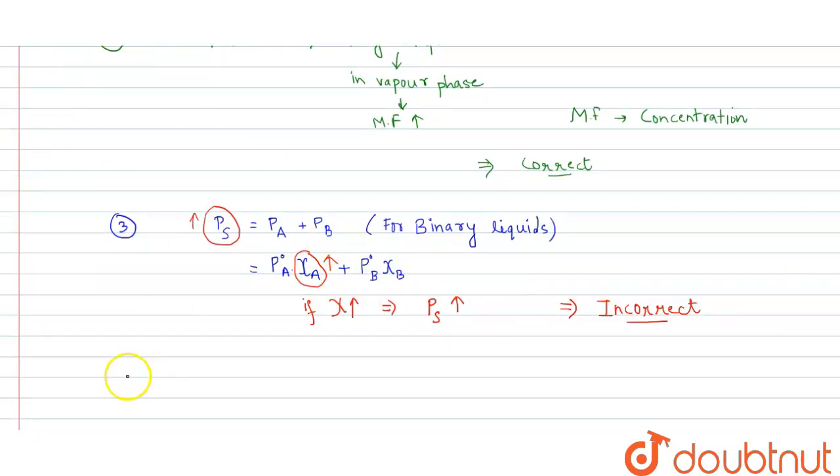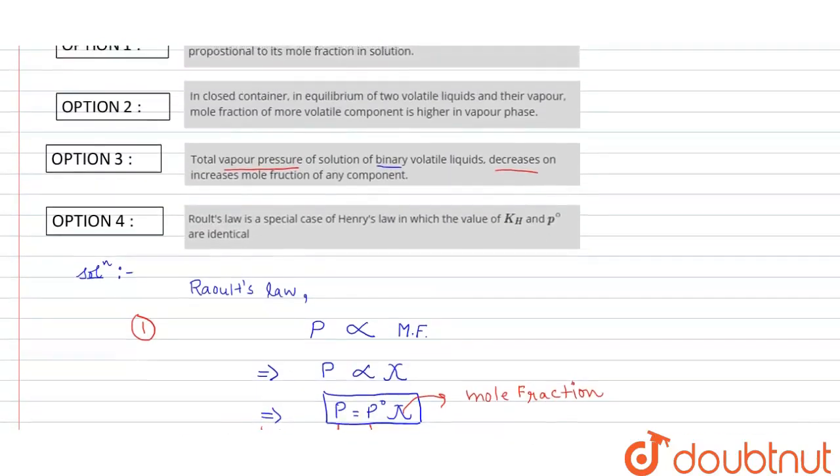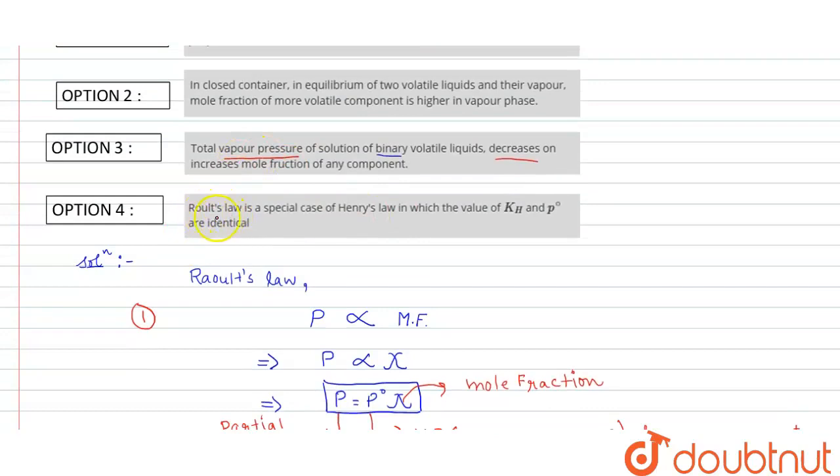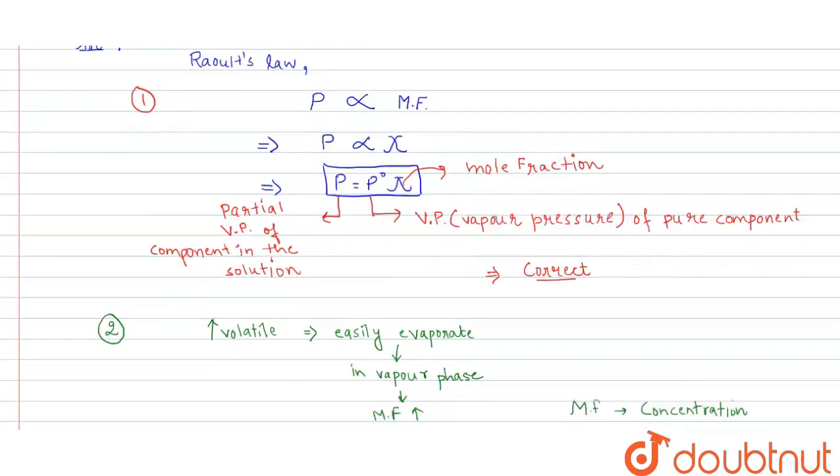Let us take into consideration the last option, or the last statement which is given. Let us read it first. Option 4 goes as: Raoult's law is a special case of Henry's law in which the value of KH and P0 are identical. Let us see how we can explain this.